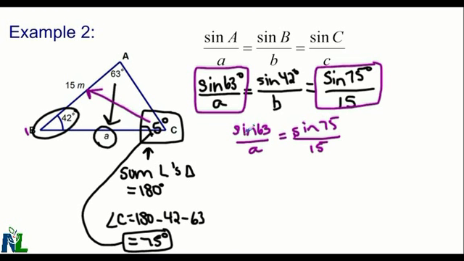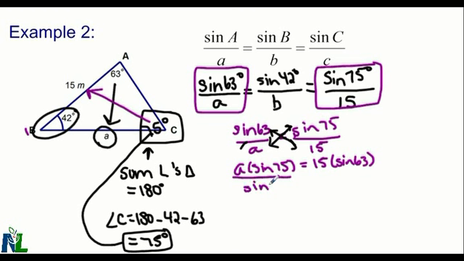Now, in order to do this, I need to first cross multiply. So I'm going to multiply A by the sine of 75, and I multiply 15 by the sine of 63. So I end up with A times the sine of 75 equals 15 times the sine of 63. Then I'm going to divide both sides by the sine of 75.